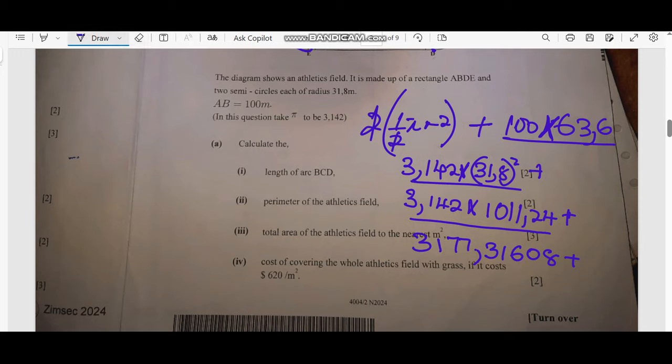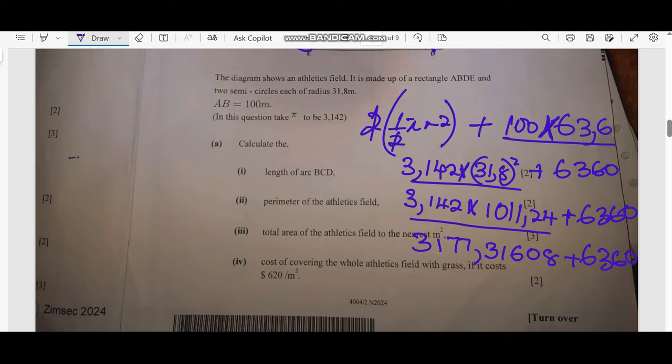All right, so 100 times 63,6 gives 6,360.